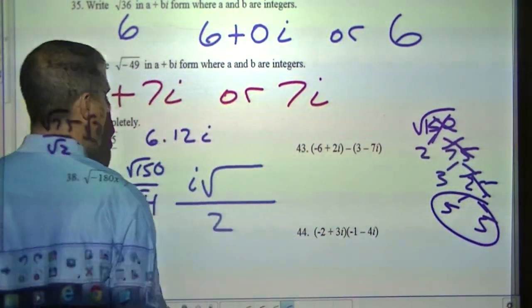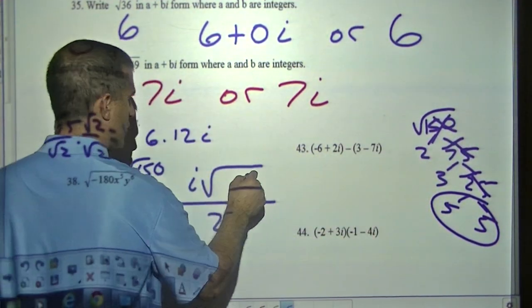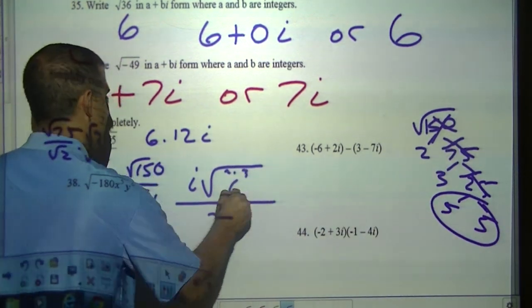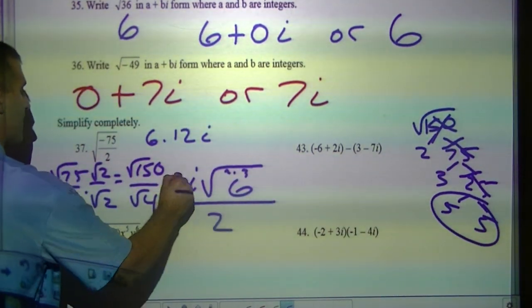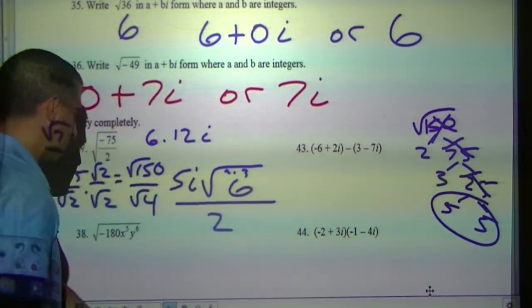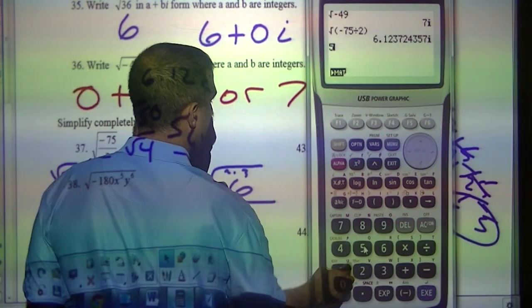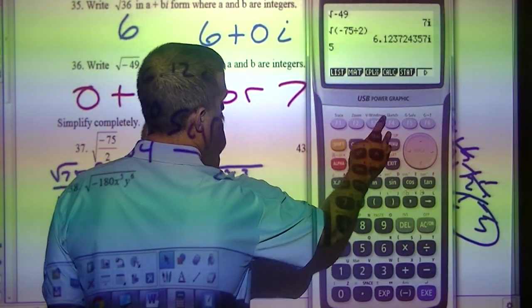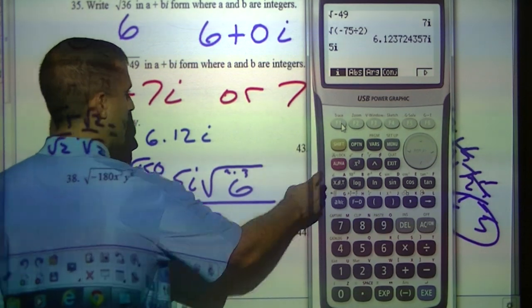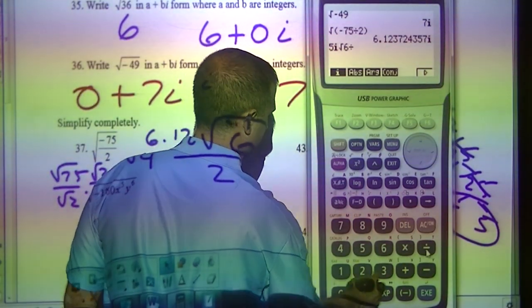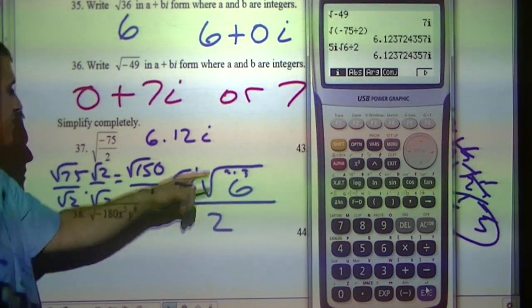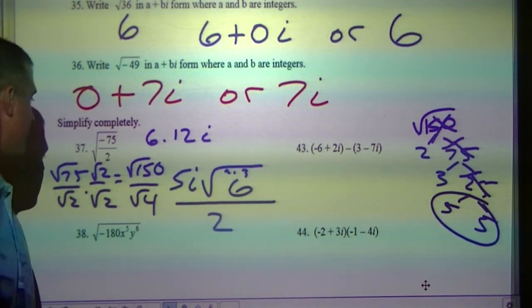Those are my leftovers. So that leftover would be 2 times 3, which would be 6, and then I'm going to have 5 on the outside. Now let's see if I'm right. Option complex lets you get the i. So 5i square root of 6 divided by 2, and you notice it's the same answer. So that way you know you're not making a mistake.